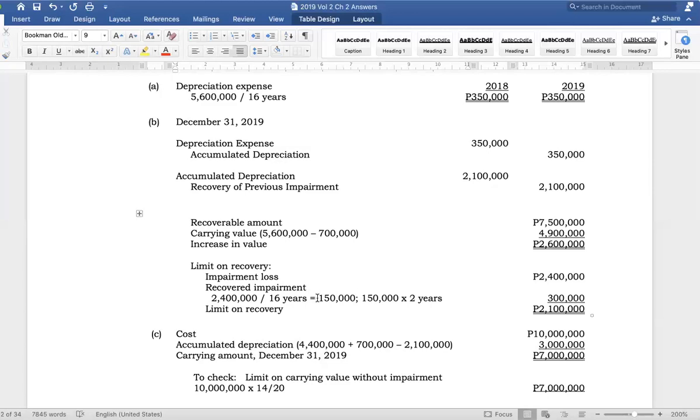So the difference between your depreciation based on cost without impairment and your depreciation after impairment is 150,000. So 150,000 is to be multiplied by 2 years. Therefore, that's 300,000. Compute natin to.